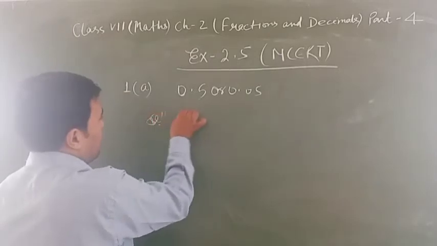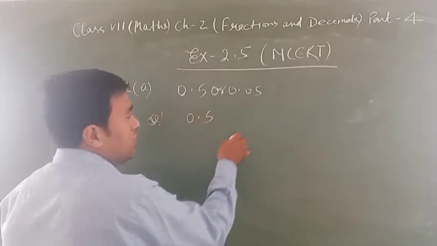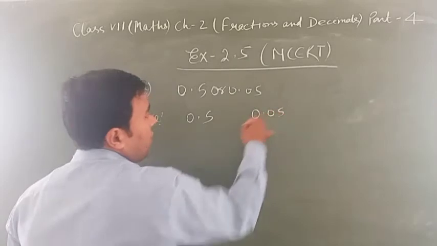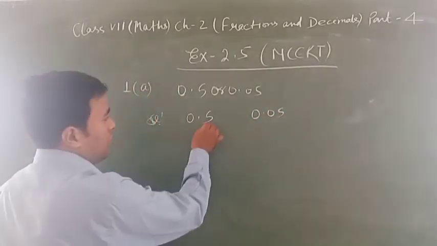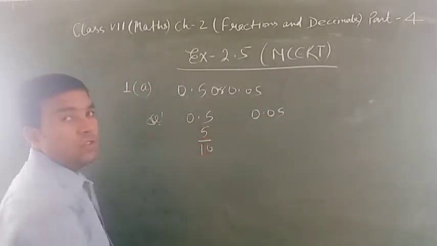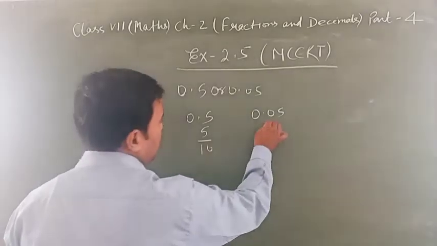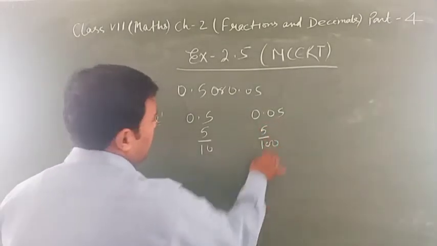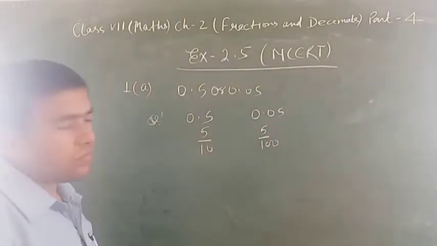0.5 and 0.05. Clear? 0.5 means 5 by 10, and 0.05 is 5 by 100.